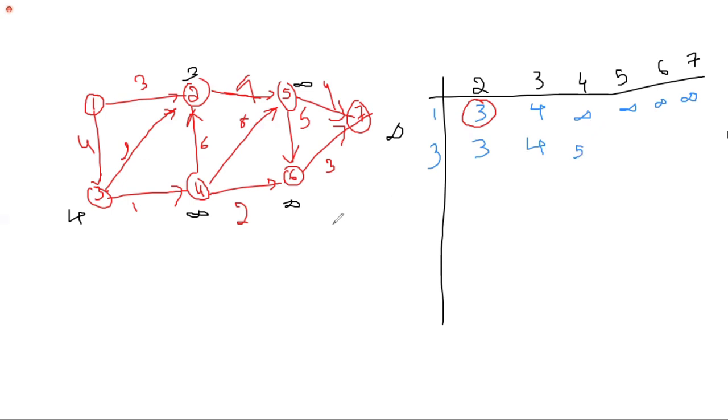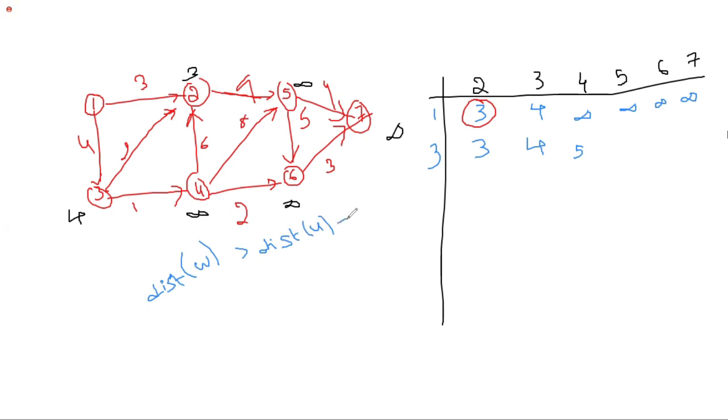This step is nothing but what is the formula we are applying? Distance of W. I'm assuming this as my W vertex. So distance of W greater than distance of U. What is U? Distance of U means earlier vertex, which is 3.